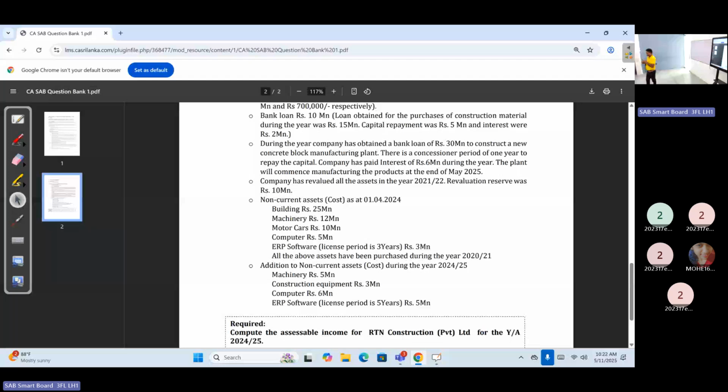If a director, an accountant, a marketing manager uses the vehicle for traveling purpose, then it is not entitled to capital allowance.